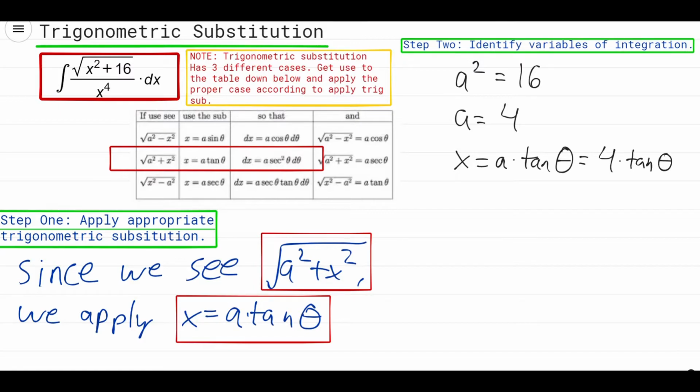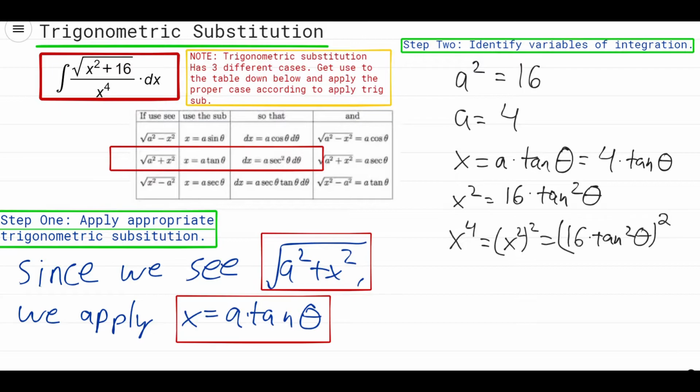Which means our x squared, because right here we have x squared, we're going to want to substitute in whatever x squared is and not leave it as x squared, because we want this in terms of theta. So x squared would be 16 tangent squared theta. And x to the fourth is equal to x squared squared, which is 16 times tan squared theta, squared.